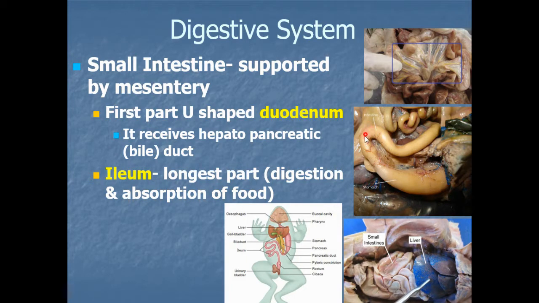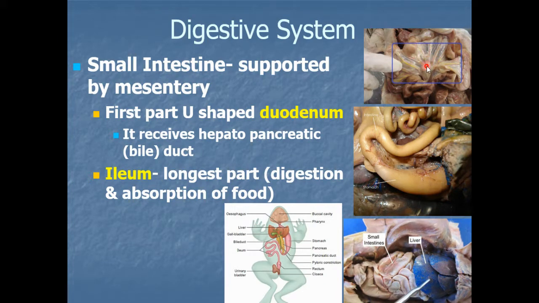First part of the small intestine, the U-shaped one, is known as duodenum. This leads into the long coiled ileum. That is the second part of the small intestine. This entire small intestine is supported by a structure known as mesentery. It attaches the intestine to the abdominal wall.